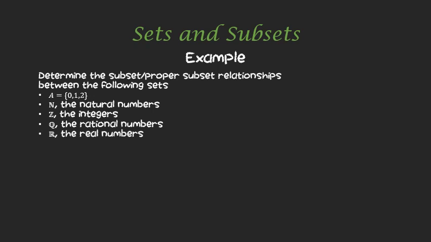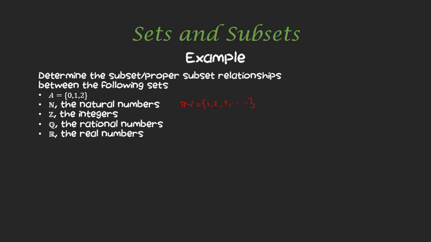So we'd like to understand the relationships between these sets in terms of containment, in terms of subsets and proper subsets. So remember that the natural numbers can be defined by listing the elements. These are the numbers 1, 2, 3, and so on.